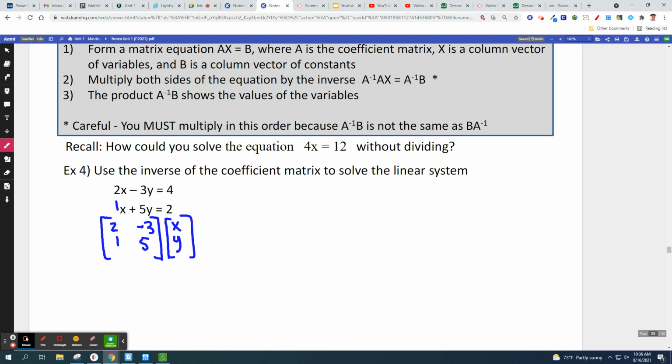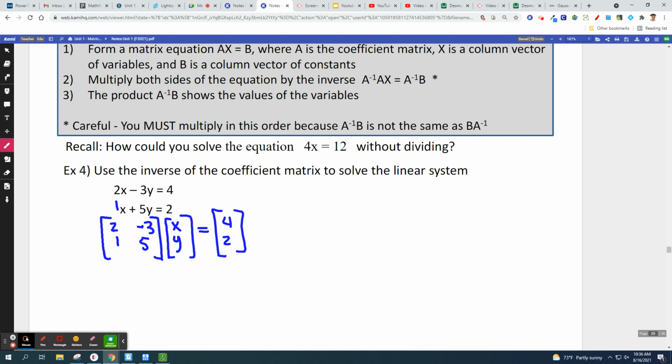If you multiplied the top row times the one and only column, you're going to have exactly 2x minus 3y. And if you multiply the bottom row times the column, you'd have exactly 1x plus 5y. So all I've done is turned that system into matrices, and that's going to equal the column of answers. That is a matrix equation, an equation using matrices, but it says the exact same thing as the system of equations that we're a lot more comfortable with.